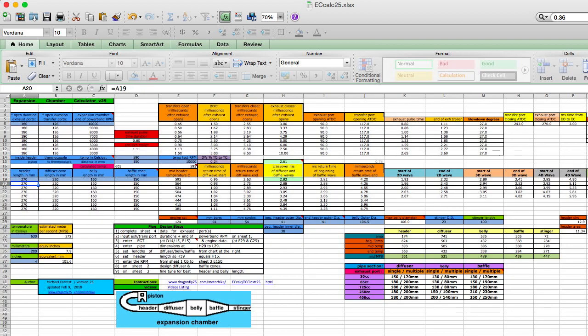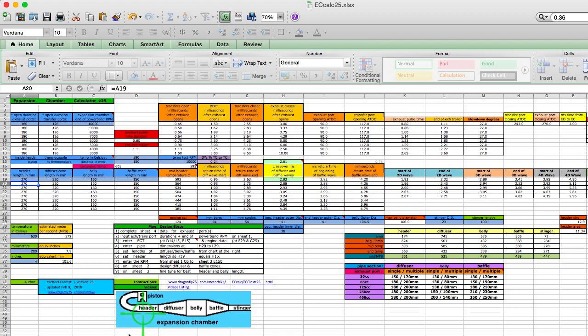So in this example, the top of the power band is 10,000 hertz. Let me try to explain this. If this diffuser is longer and the header is shorter, then that time at which it's going back and forth between the piston and the diffuser is shortened.